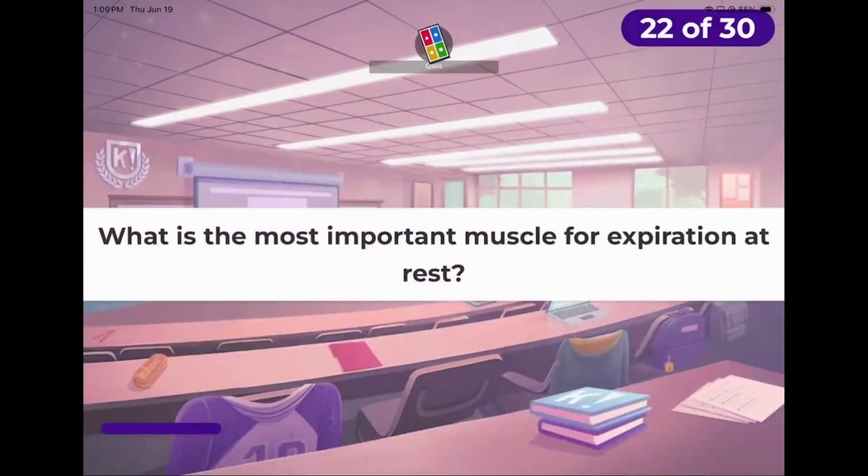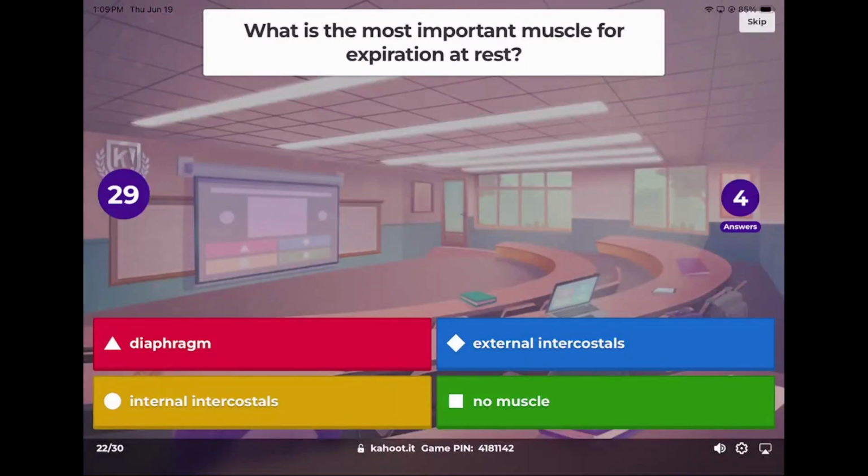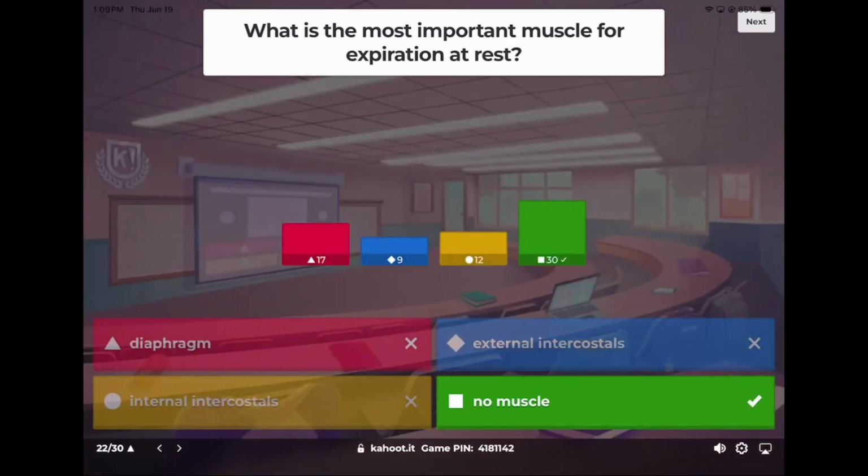Okay. What is the most important muscle for expiration at rest? What's the important part of this question? At rest.